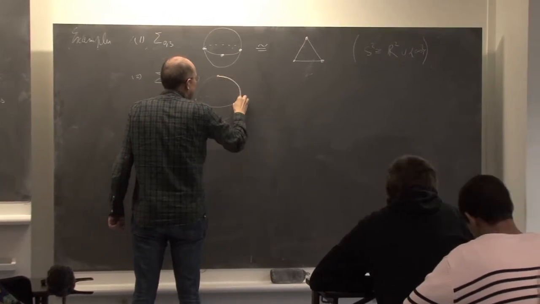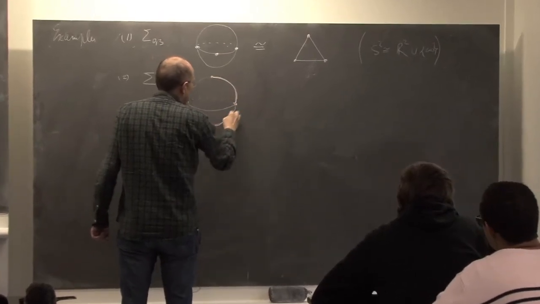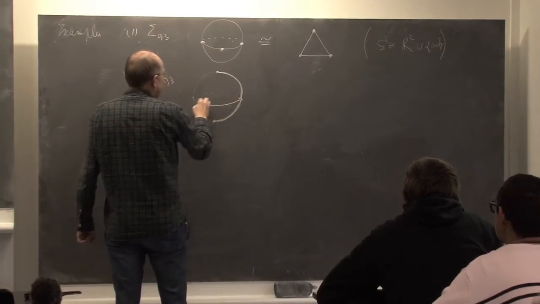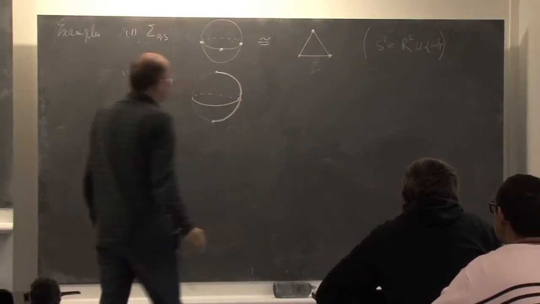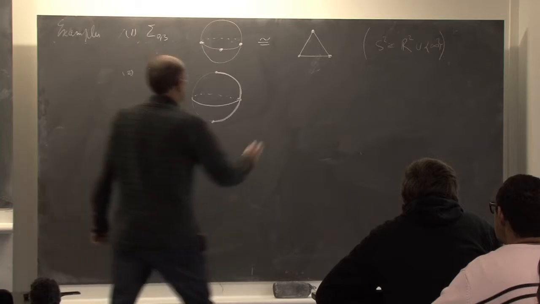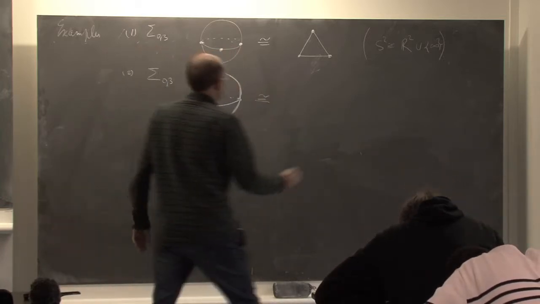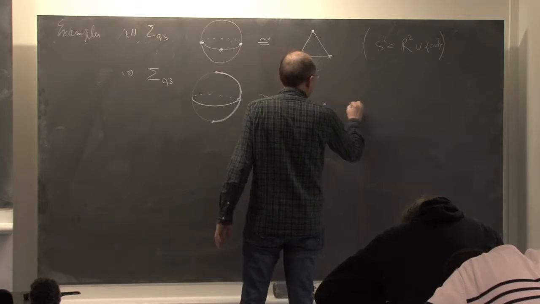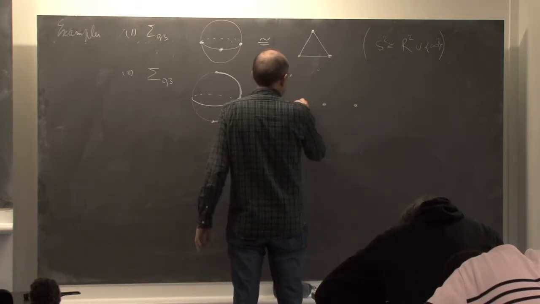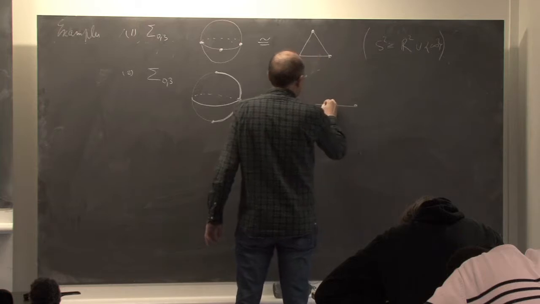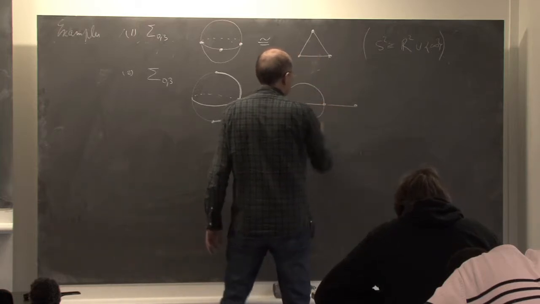So this is an edge, this is an edge, and the equator is an edge. And this is also a triangulation. If we draw in the plane, we see 3 points in the finite part and one circle like this.